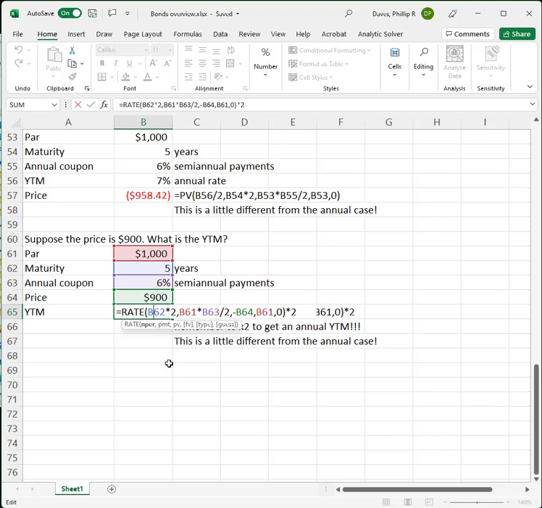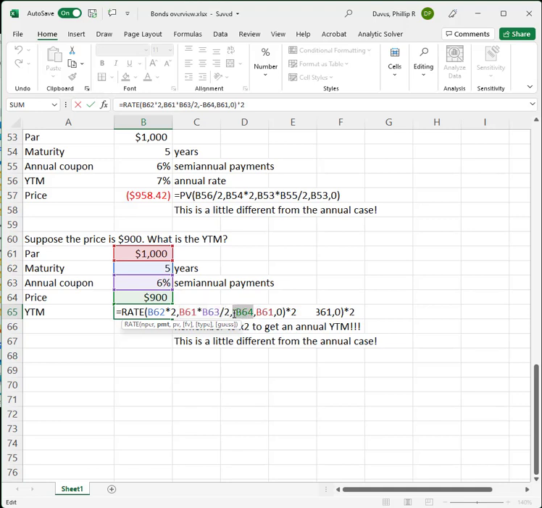All right, to calculate a yield to maturity, we need the rate function. And in order to use the rate function, we need the number of periods, and that's going to be the 5 years times 2 to get semi-annual periods. We need the payment, which is, of course, the $1,000 times the 6%, but divided by 2 because it's semi-annual payments.